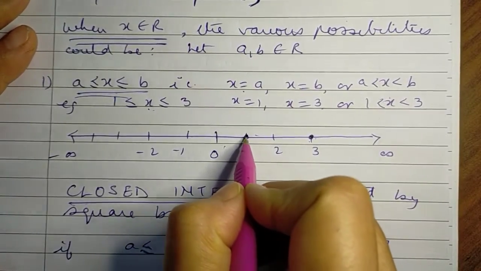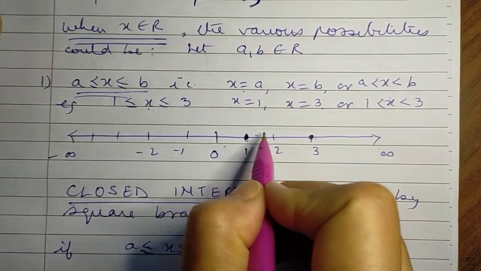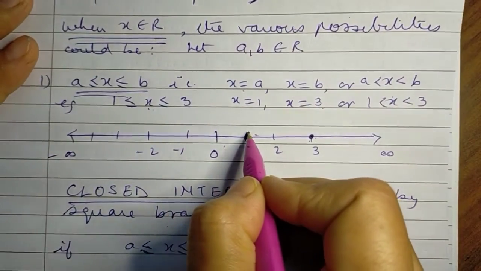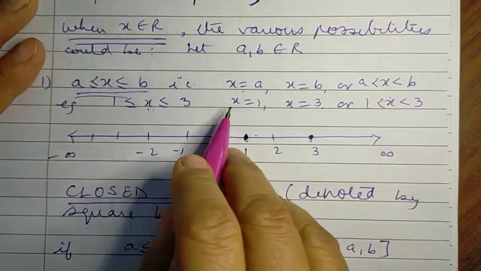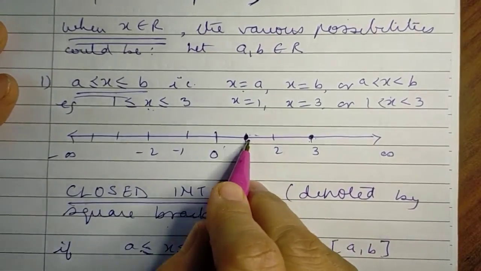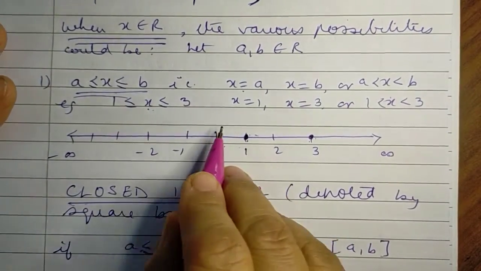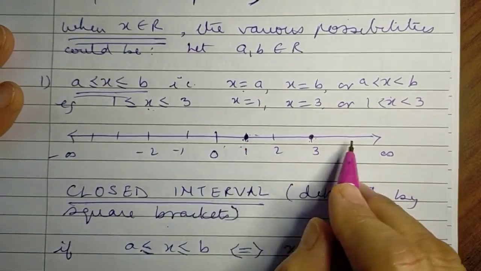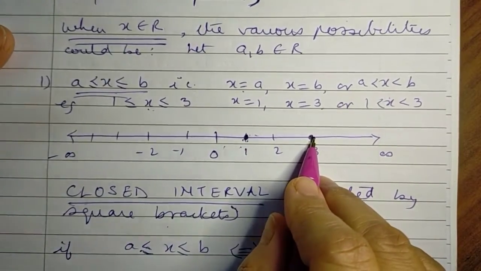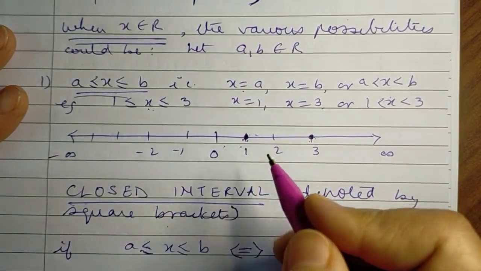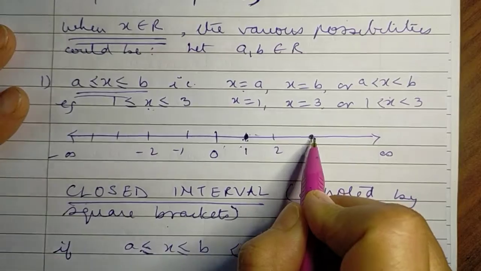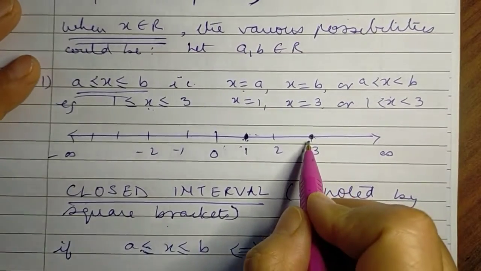You could have 1.000, hundreds of 0s and then 1, or 1 followed by 1,000 zeros and then 1, which is much closer to 1 but still not equal to 1. Similarly, towards 3, you could have 2 point thousands of 9s. That would be one value which is close to 3 but not equal to 3.